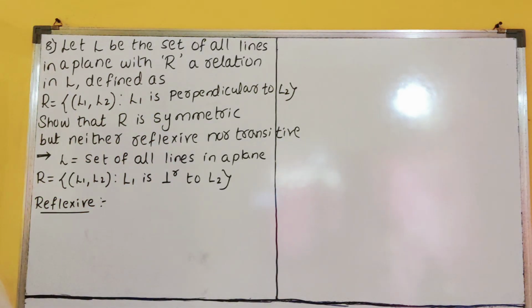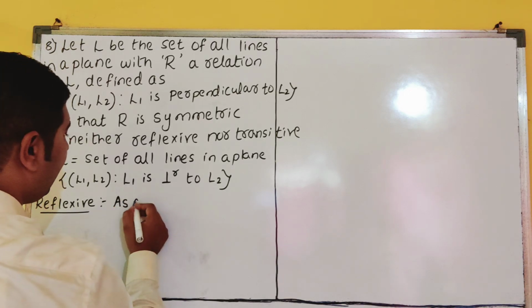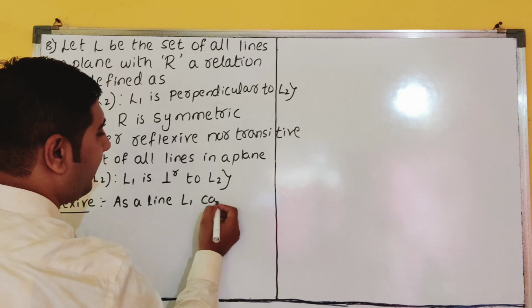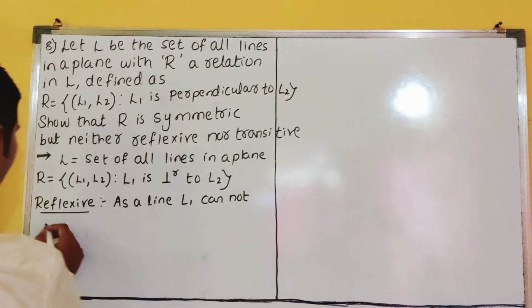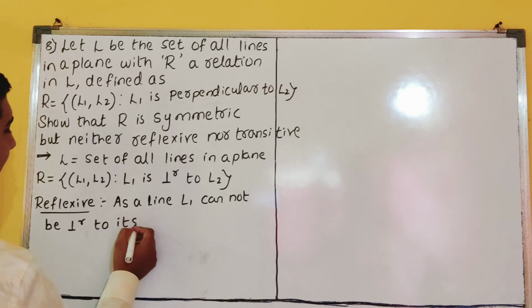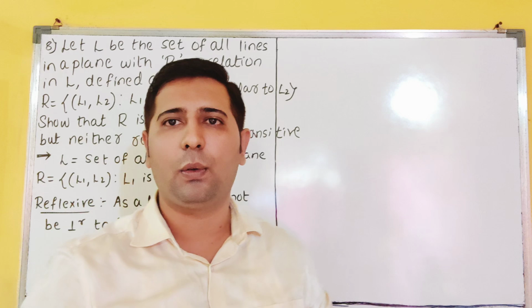So now let's see how we can write. As everyone knows, a line L1 cannot be perpendicular to itself. कौन सा भी ऐसा लाइन नहीं है वो खुद के लिए परपेंडिकुलर होने का.